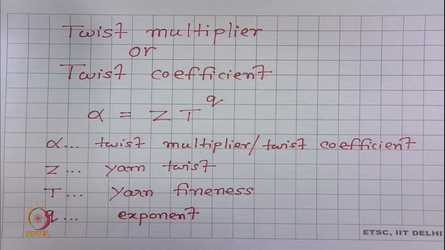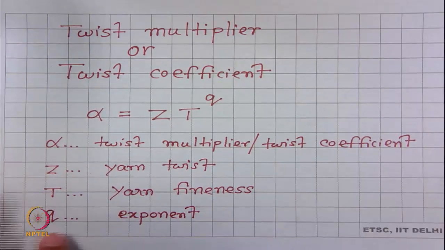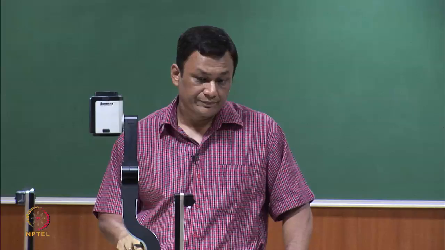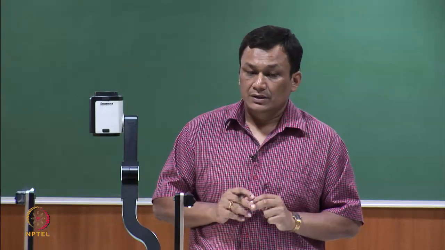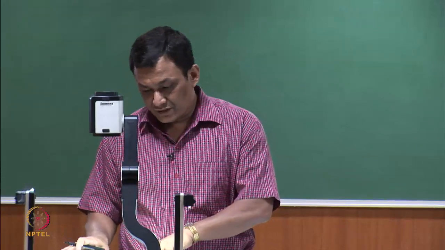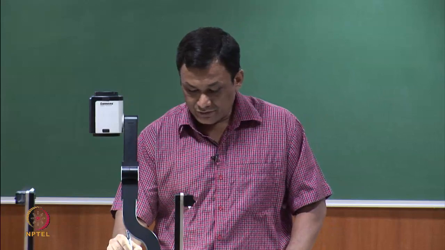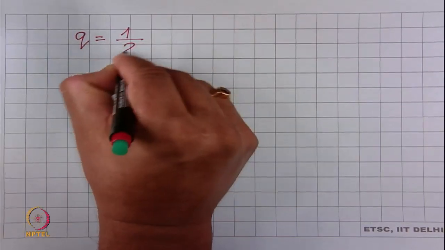Now, this exponent has different numerical values. In India and probably in major parts of the world, we use this exponent q equal to half.